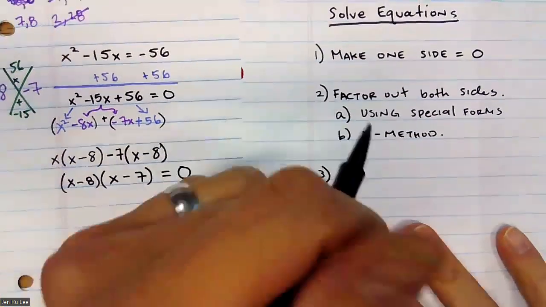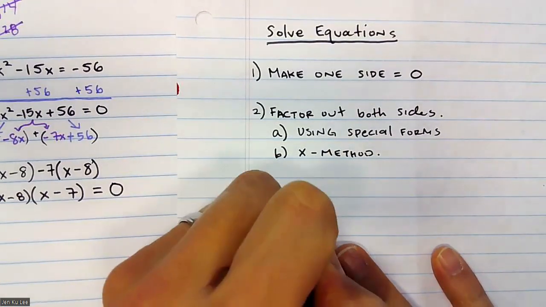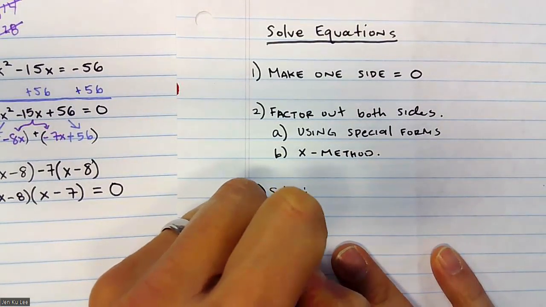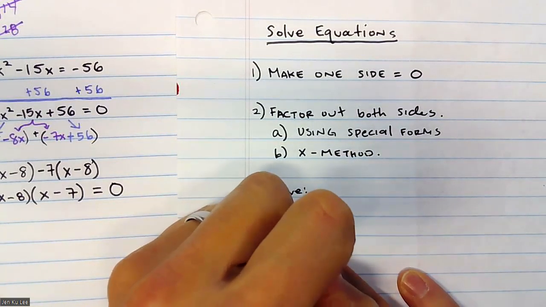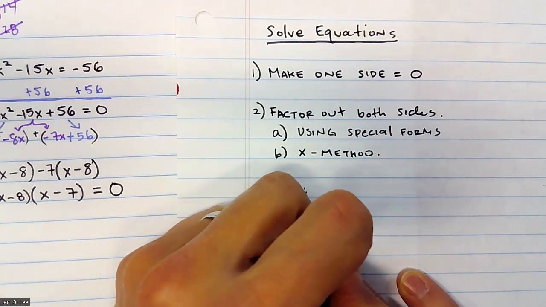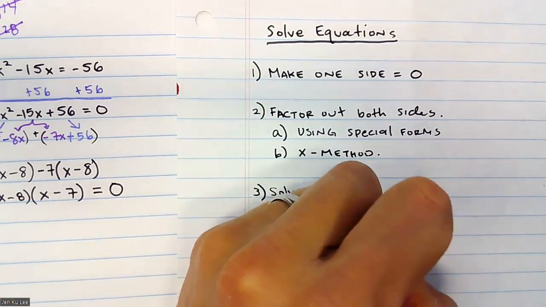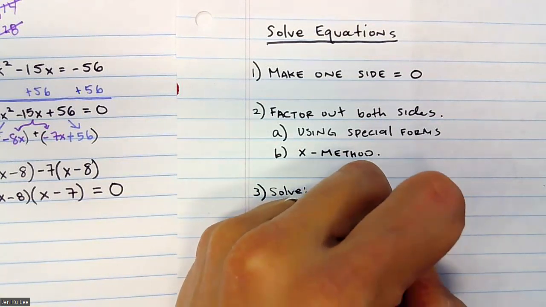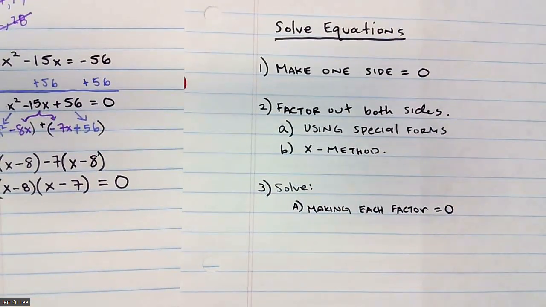So my third step is to solve it by making each factor equal to 0. I'm going to make each factor equal to 0.